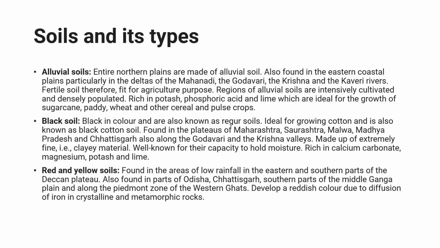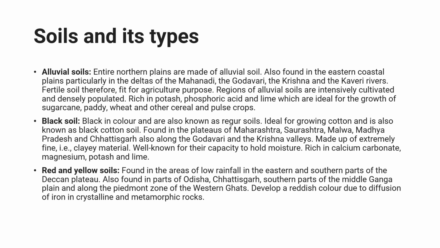Fertile soil, therefore fit for agricultural purposes. Regions of alluvial soil are intensively cultivated and densely populated. It is rich in potash, phosphoric acid, and lime, which are ideal for the growth of sugarcane, paddy, wheat, and other cereal and pulse crops.